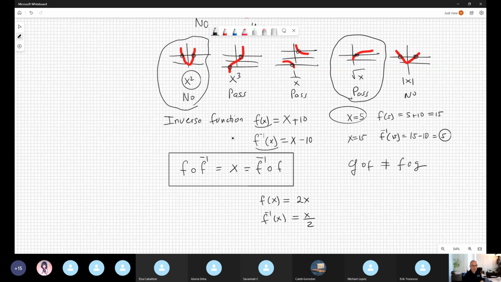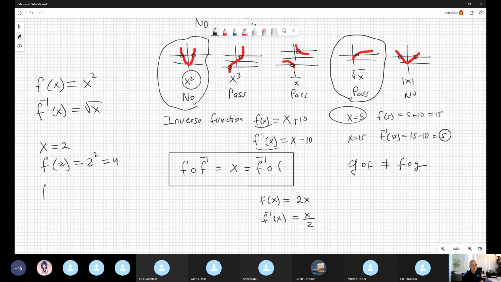Suppose that the function f is x squared. And suppose that the inverse function is the square root. You pick an arbitrary value, for example, x equals 2. You plug it into the original, f gives 4, because 2 squared is 4. And when you apply the inverse function to 4, the square root of 4 is 2, and we come back again. So I don't understand, there is a contradiction.